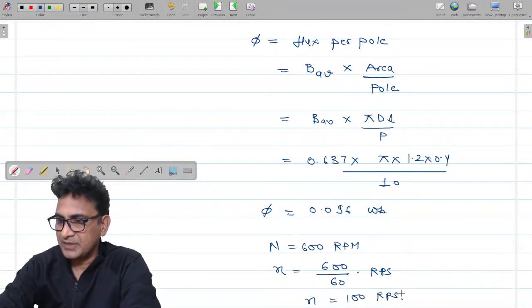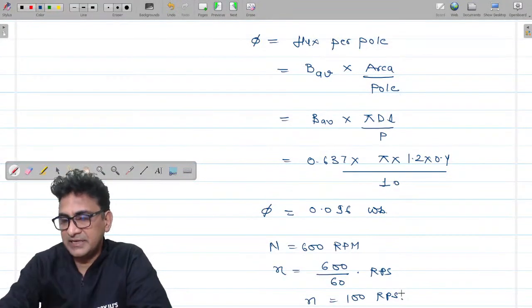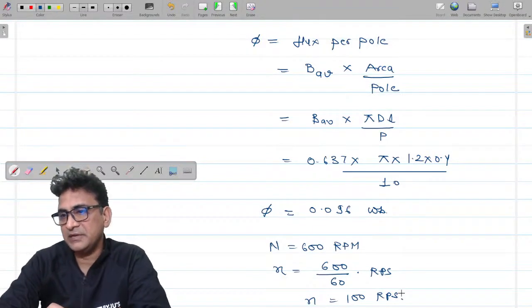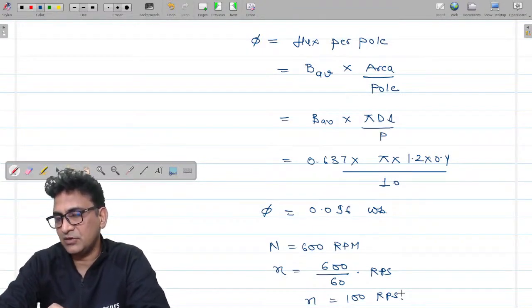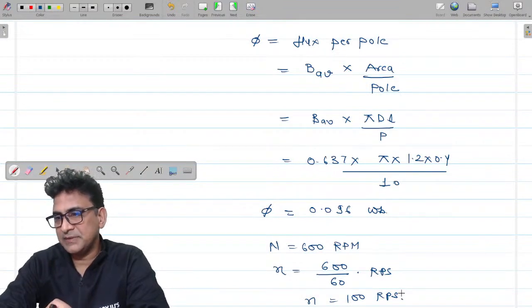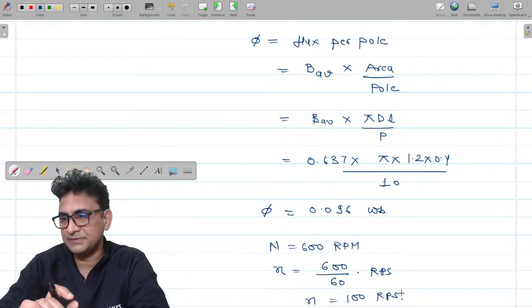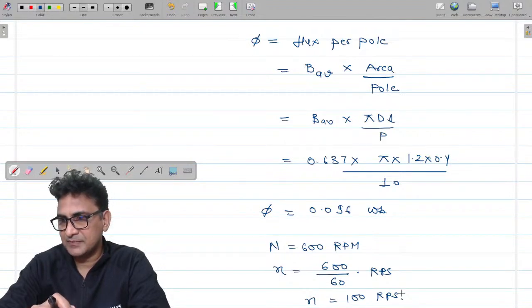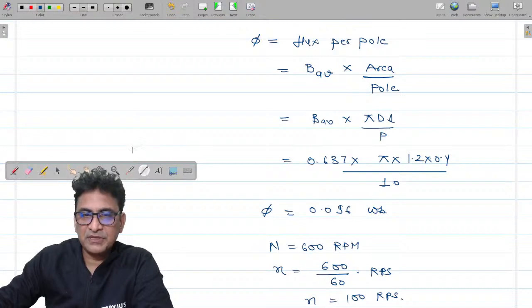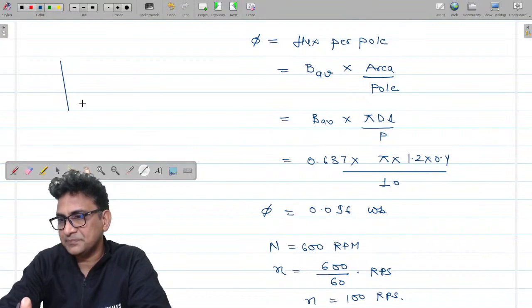Is it clear? Now tell me, if you are going to find out the induced EMF in a single conductor, whether you would multiply it by pitch factor or the distribution factor or not. Because if you are going to find out the induced EMF in a single conductor, it has nothing to do with the pitch factor and the distribution factor.